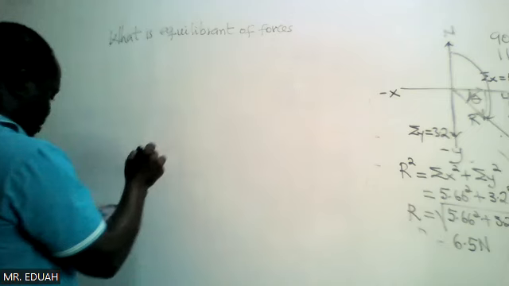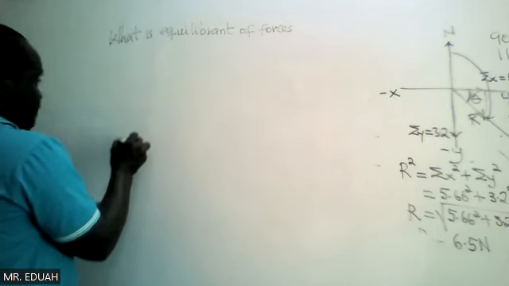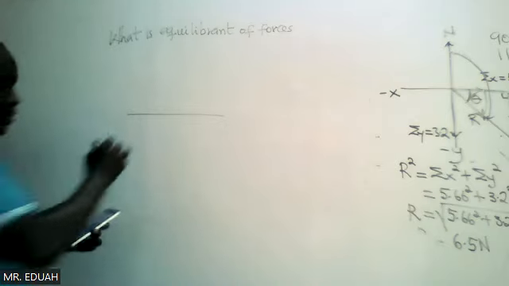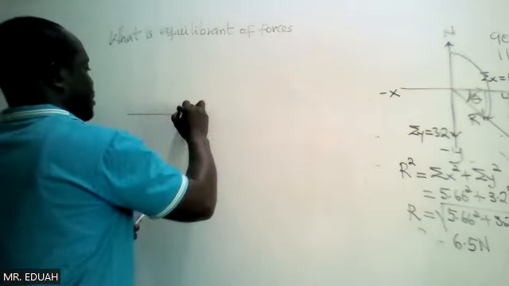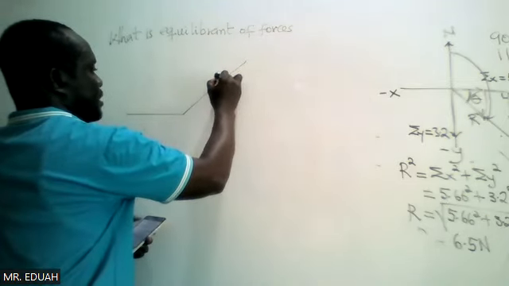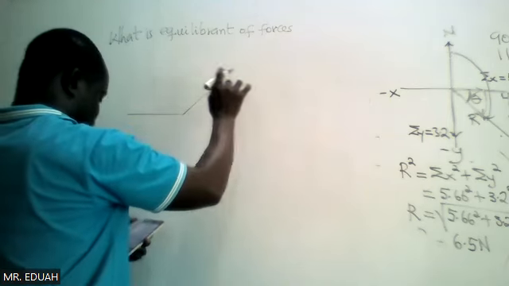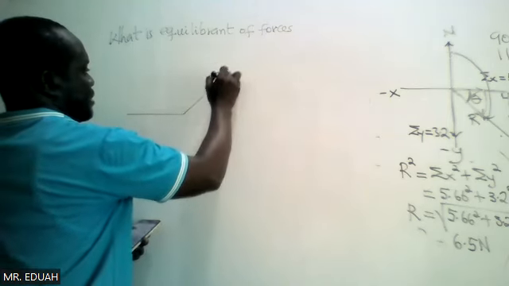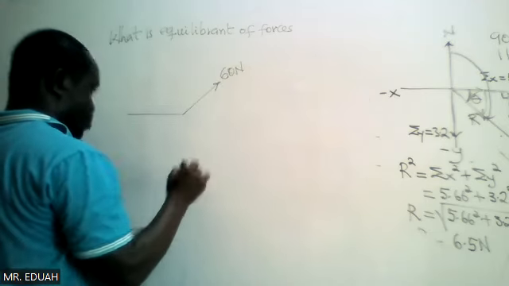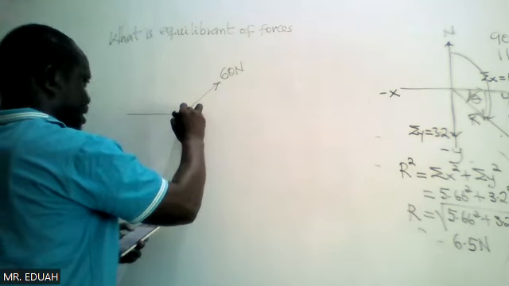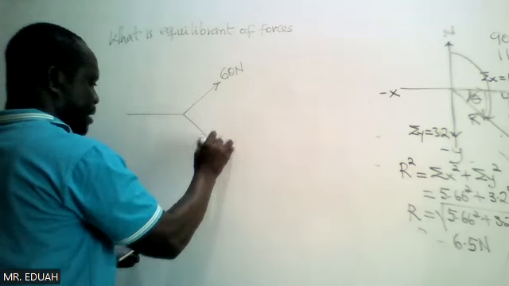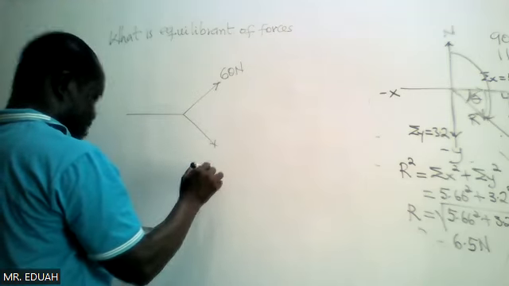Then we have this diagram. This is a force of magnitude 60 Newton. Then another force of magnitude 100.